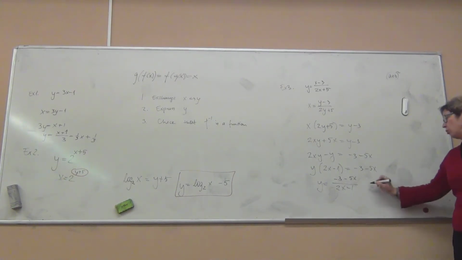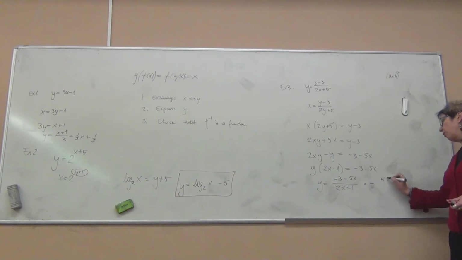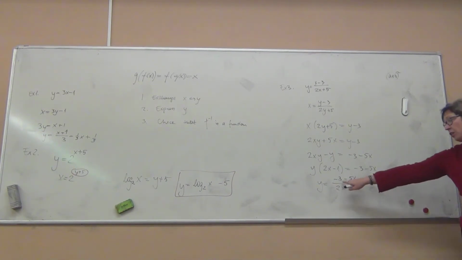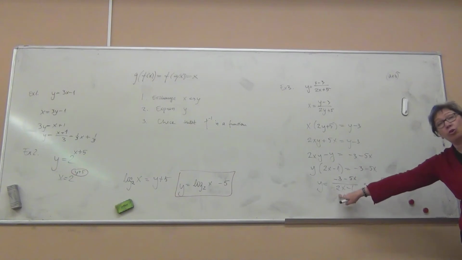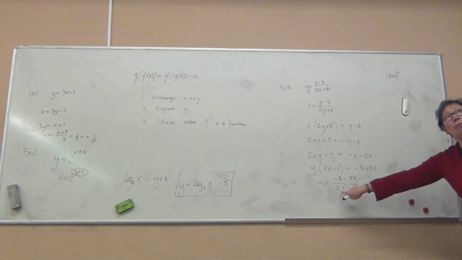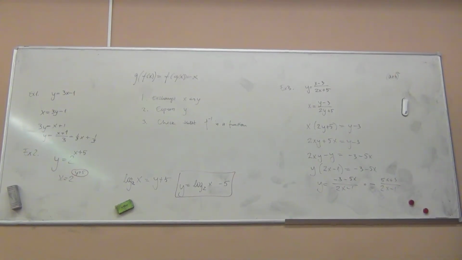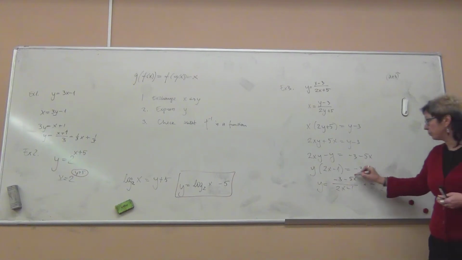For example, I could write minus 5x minus 3 on top, 2x minus 1 on the bottom, if I don't like too many minus signs. Or I could change the signs in the numerator and in the denominator, write this as 1 minus 2x. So 5x plus 3 divided by 1 minus 2x. There are different possibilities.